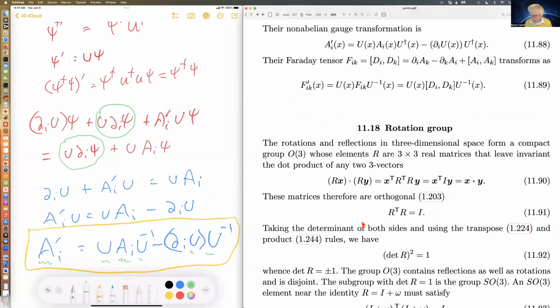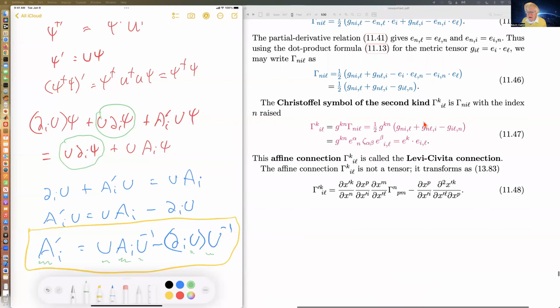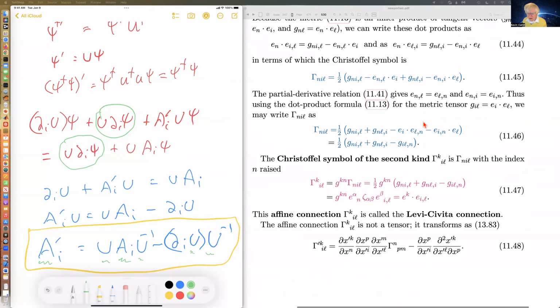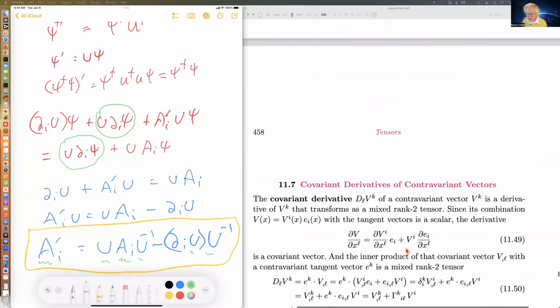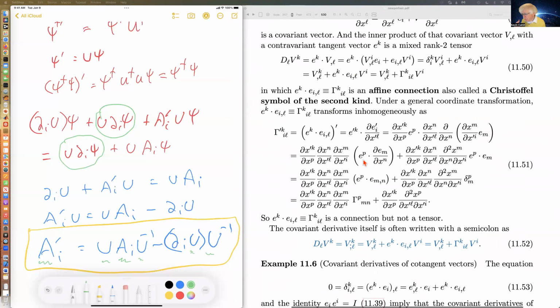So that's basically what Yang-Mills's trick was, and you see it's very similar to what I started today's lecture with, namely that the affine connection here is what one adds to the ordinary covariant derivative to make the derivative covariant.